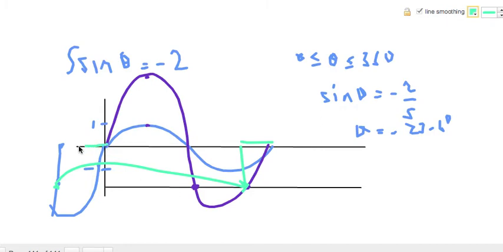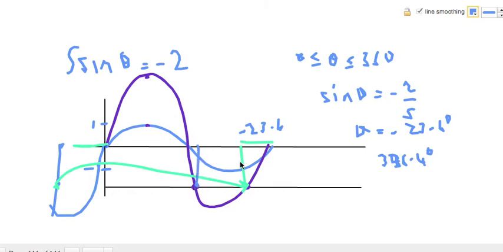So to find that one, I'm just going to do 360 minus 23.6. So that's 336.4 degrees. So that's that one, and then the other one is here.